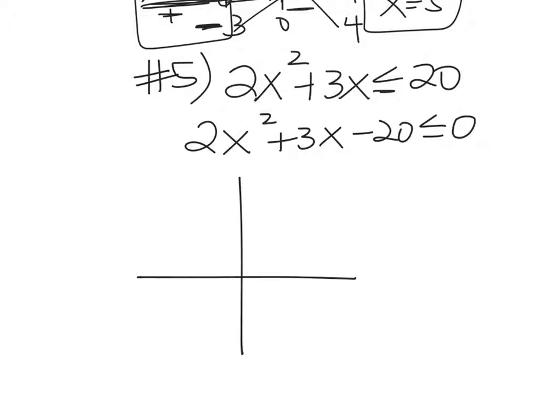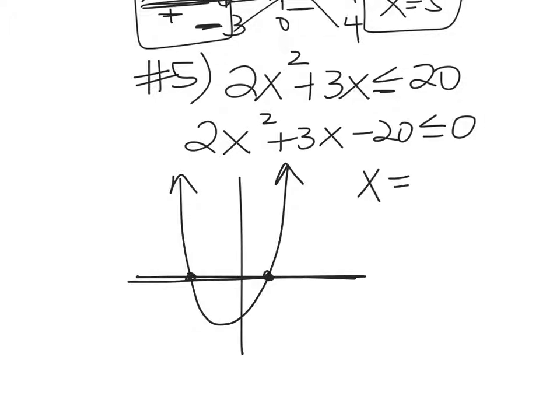All right, so we graphed this on our calculator, and it looked something like this. We couldn't see the bottom, which was no big deal. And we got that the intersection of our line y equals 0 and our parabola was x equals negative 4 and x equals 2.5. And we would have gotten those numbers had we factored. Okay?